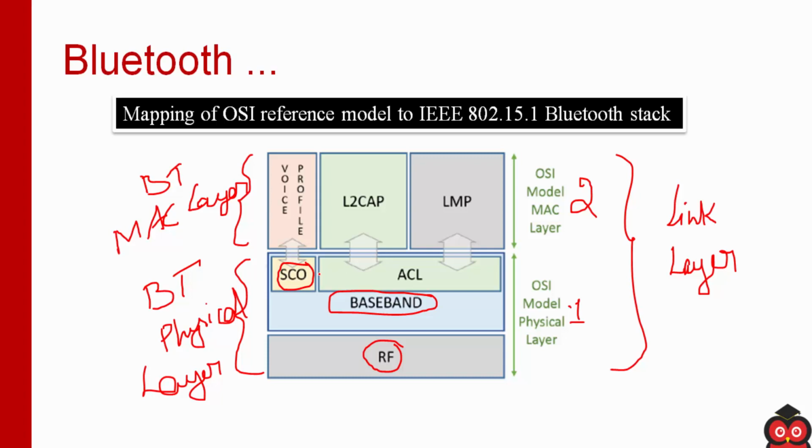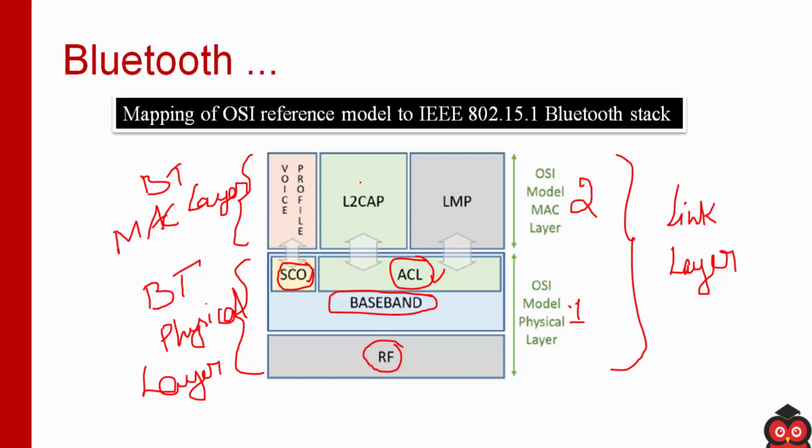These are types of links. SCO is synchronous connection oriented, and ACL means asynchronous connectionless. That is the physical layer of Bluetooth.